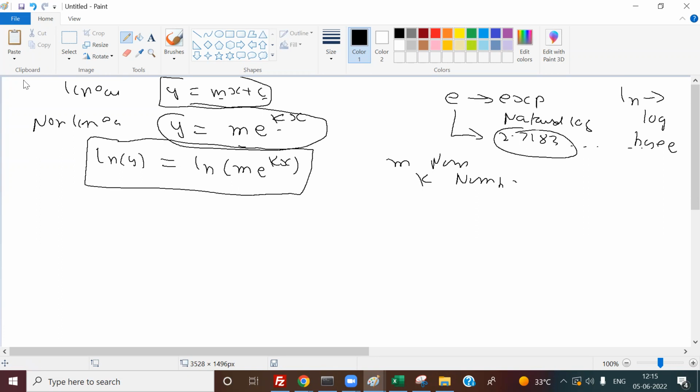Any doubt, any questions till this point, guys? बताओ, कोई doubt है? Clear है?